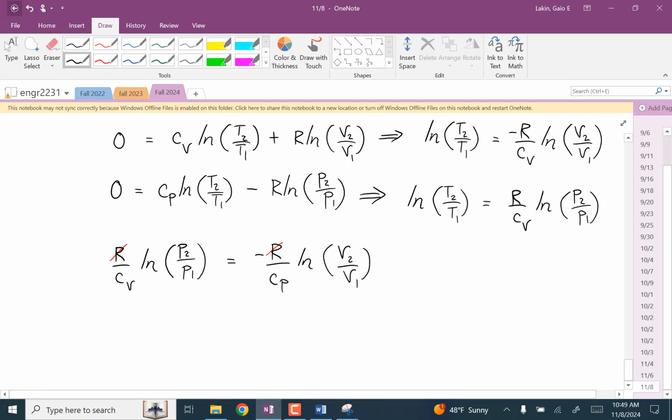And so multiply Cv to both sides, and you get the natural log of P2 over P1 is equal to negative Cv over Cp times the natural log of V2 over V1.